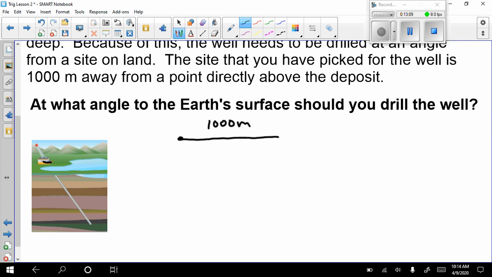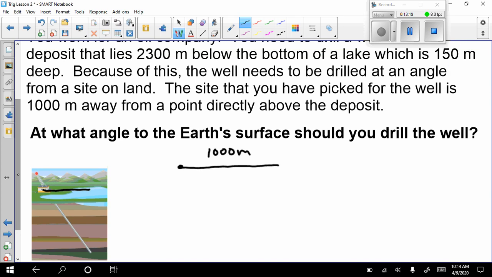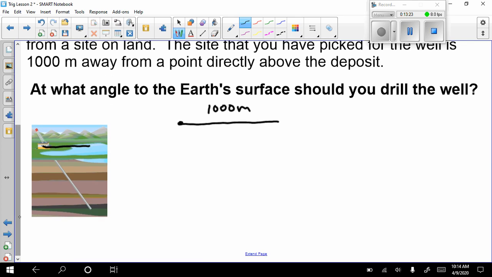So really, it's from here to here on that diagram. Okay, now, the other thing I've been given is it says that the deposit is 2,300 meters below the bottom of the lake. So you've got a little lake here, which is 150. So that's this little distance right here, which is 150 meters.